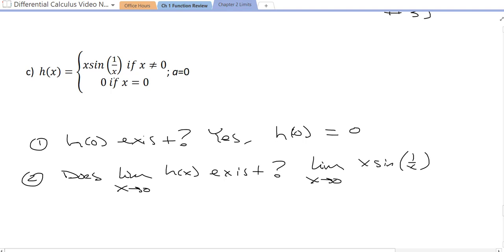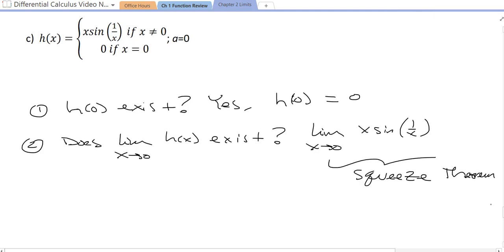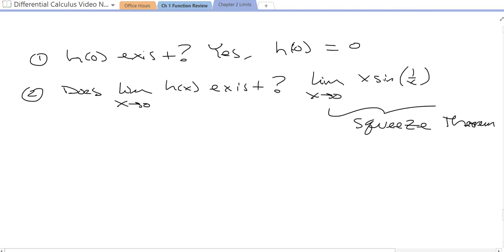We're looking at that since from the left and the right, they're going to be approaching the same thing. So we just look at the two-sided limit. And this is one of those where we have to use the squeeze theorem, because I don't really have a way to solve x sine 1 over x, right? If you plug in 0, you're going to get an undefined here, which is not good.